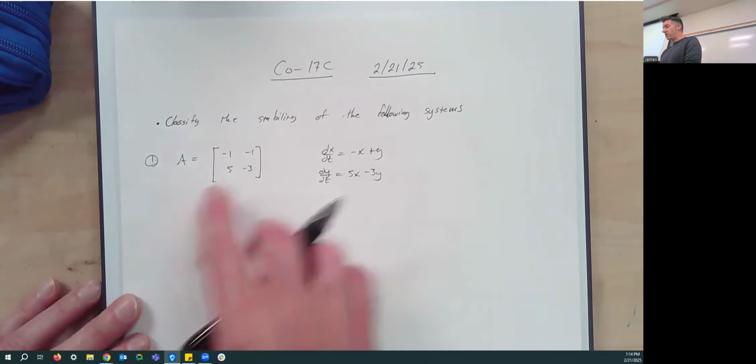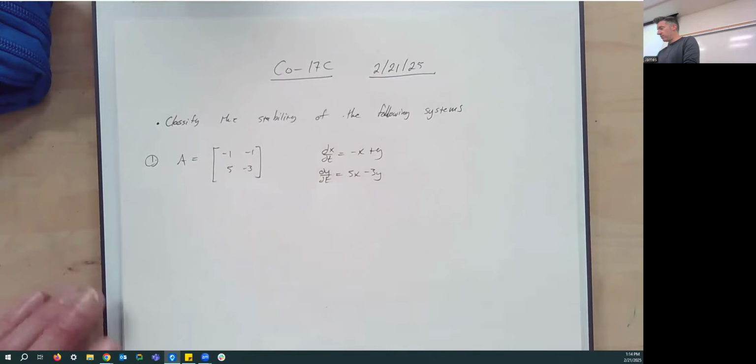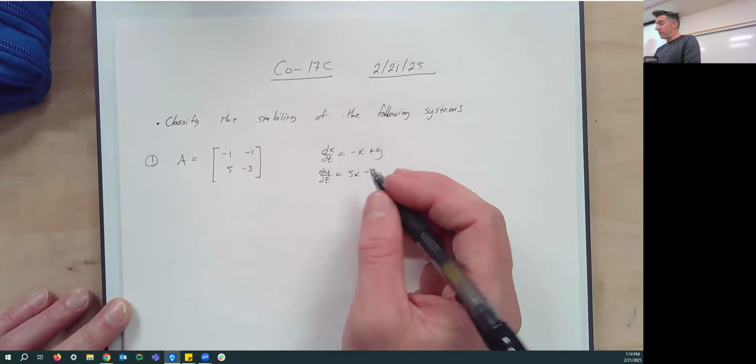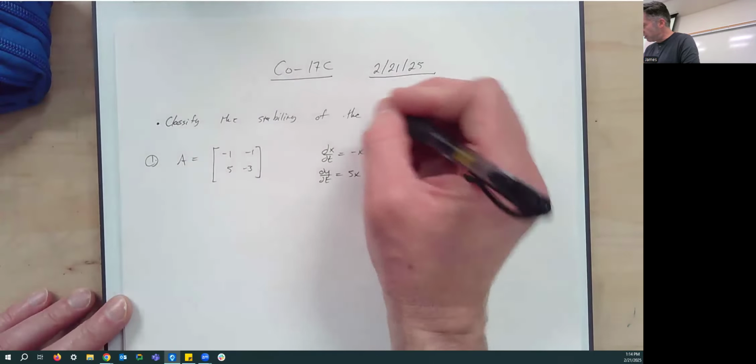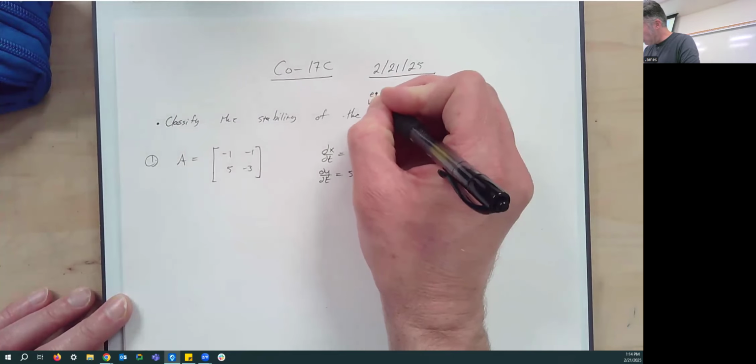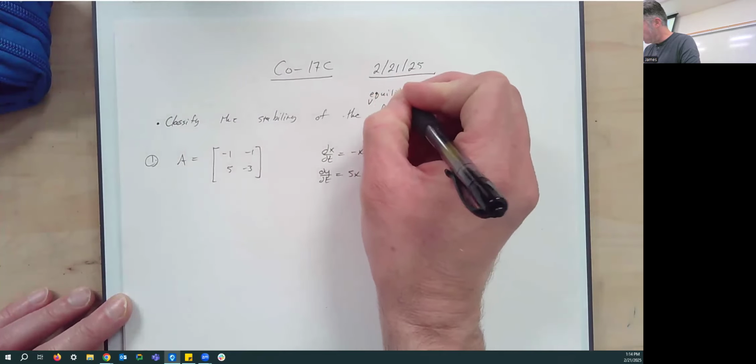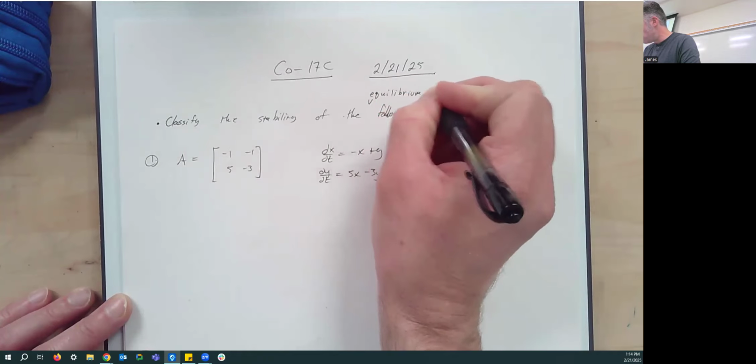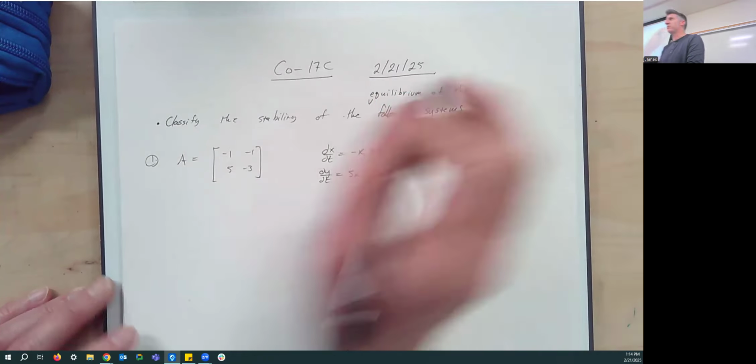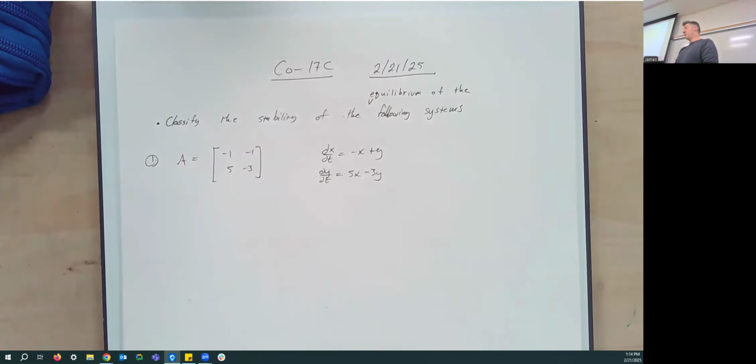So we want to classify the stability of the equilibria of the following systems, it's just one equilibrium. For this system, our equilibrium is still 0, 0, right? It's just a regular 2 by 2 matrix. There's nothing special going on here. And we're going to do it the other way. So we're going to find the trace and the determinant.